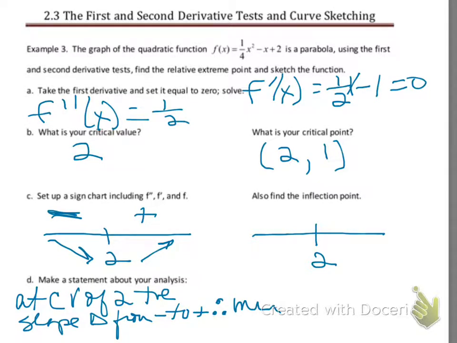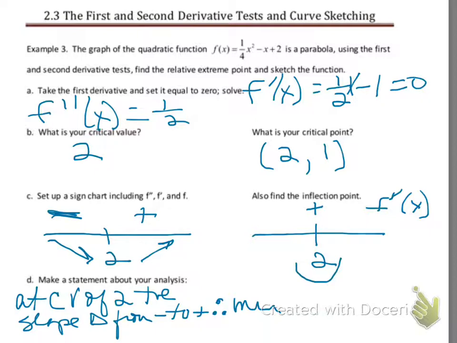So it doesn't really matter where I test. Wherever I test, I'm going to have a positive value of my second derivative. If it's positive, the direction that my function is going at that point is an indication of being concave up.